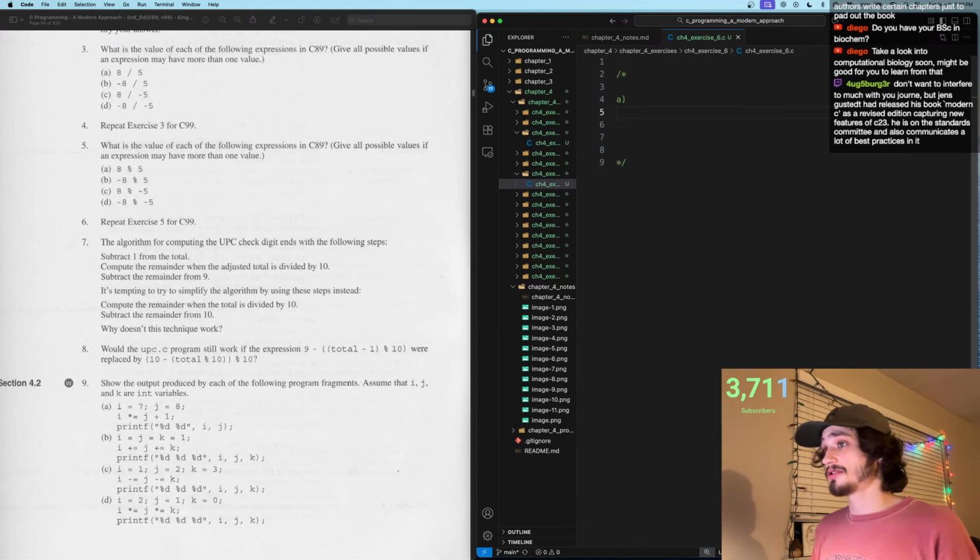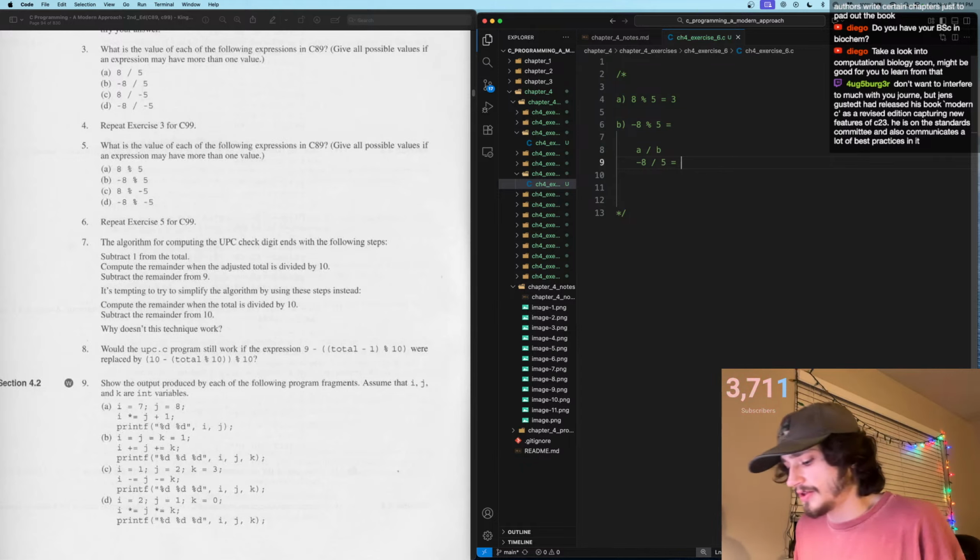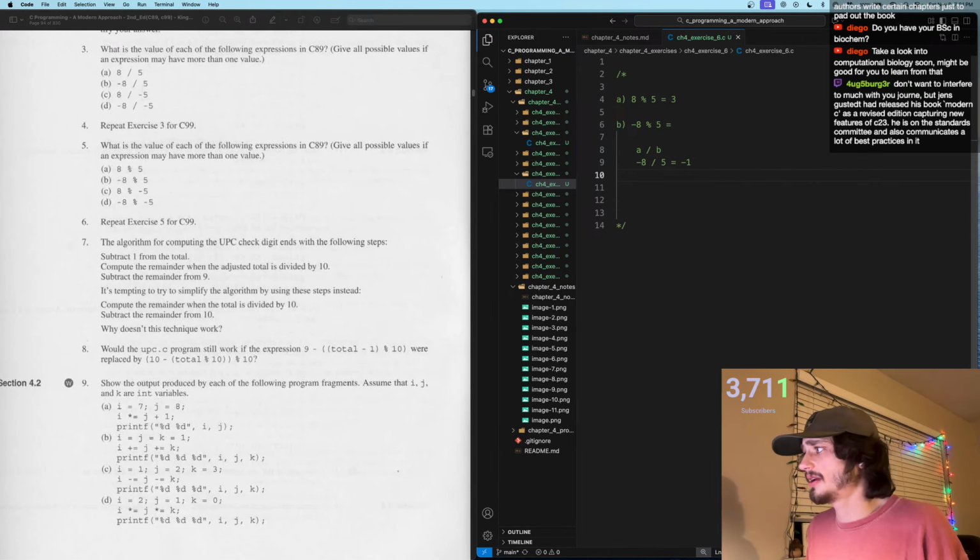Okay, let's do 8 modulo by 5. This is going to be positive 3. It's pretty easy with C99. Okay, negative 8 modulo by 5. It's going to equal, so this will be A divided by B, right, which will be negative 8 divided by 5, which will truncate down to negative 1 in C99.